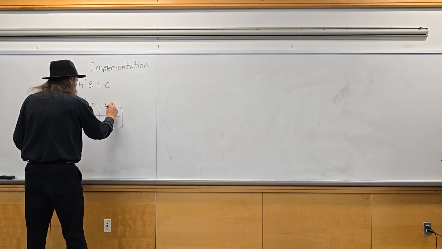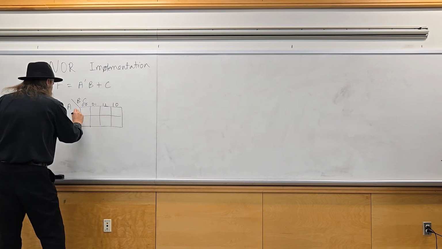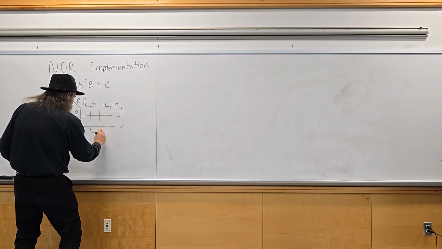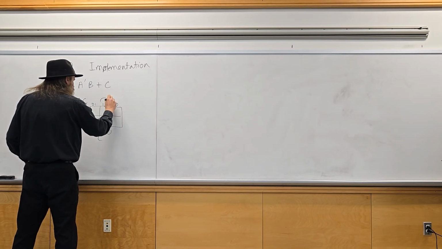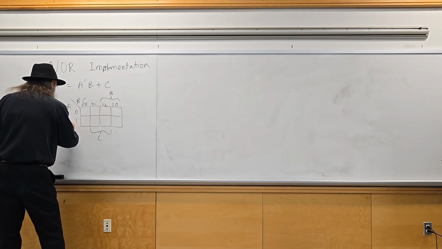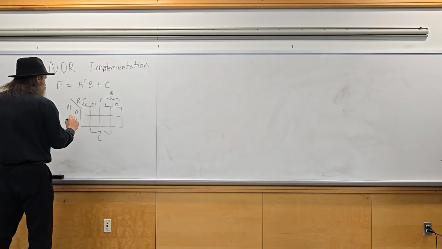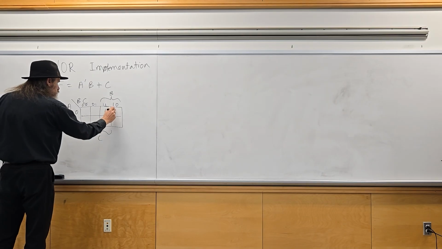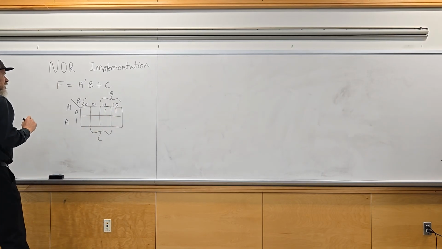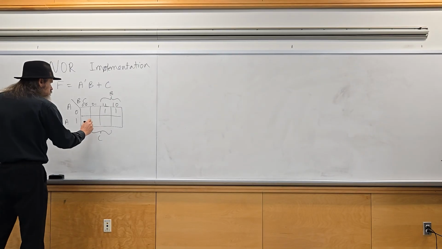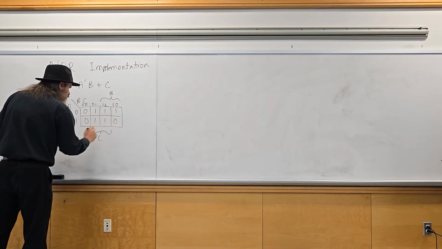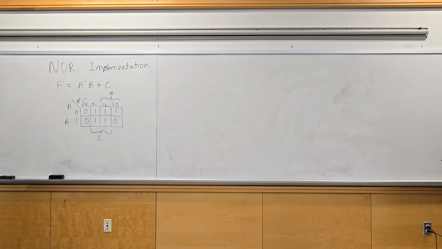One, one, 1, 0, 0, 1, and that's C, B, A. Not A and B, or C. So you have 0, 0, 0 here. Okay.